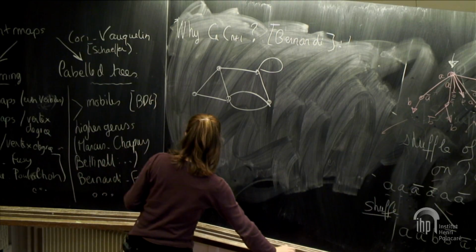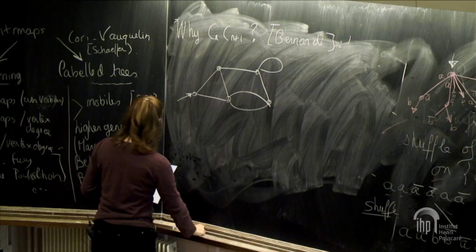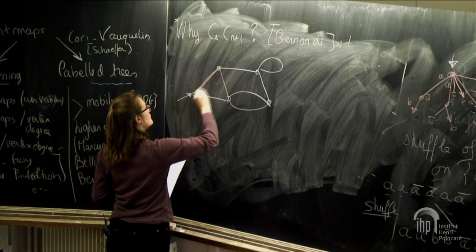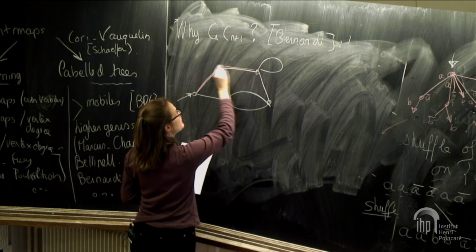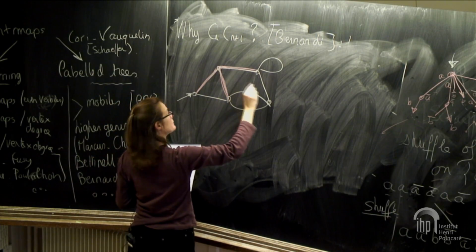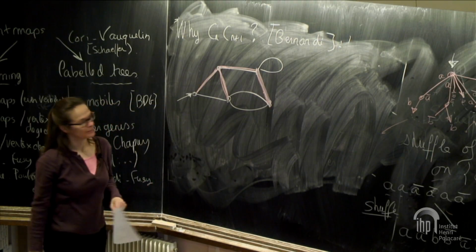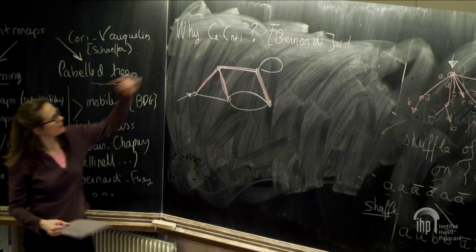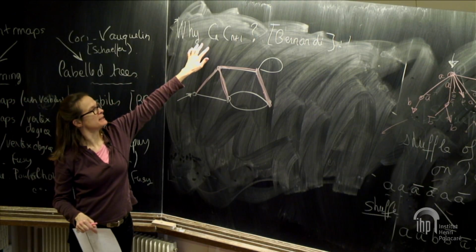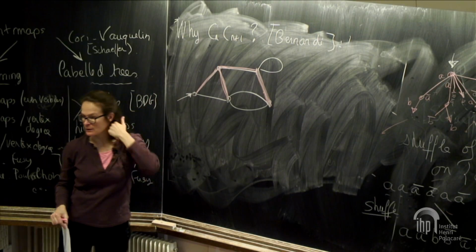So I should write the root corner here. And the spanning tree consists of those red edges. Okay? And I want out of these to form two objects that can be taken independently, one counted by C_n, the other counted by C_{n+1}.